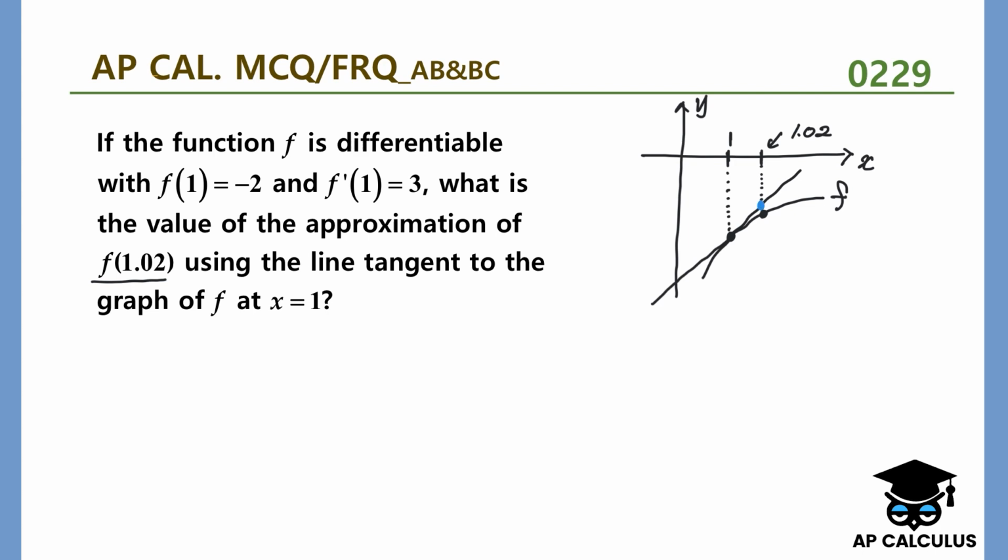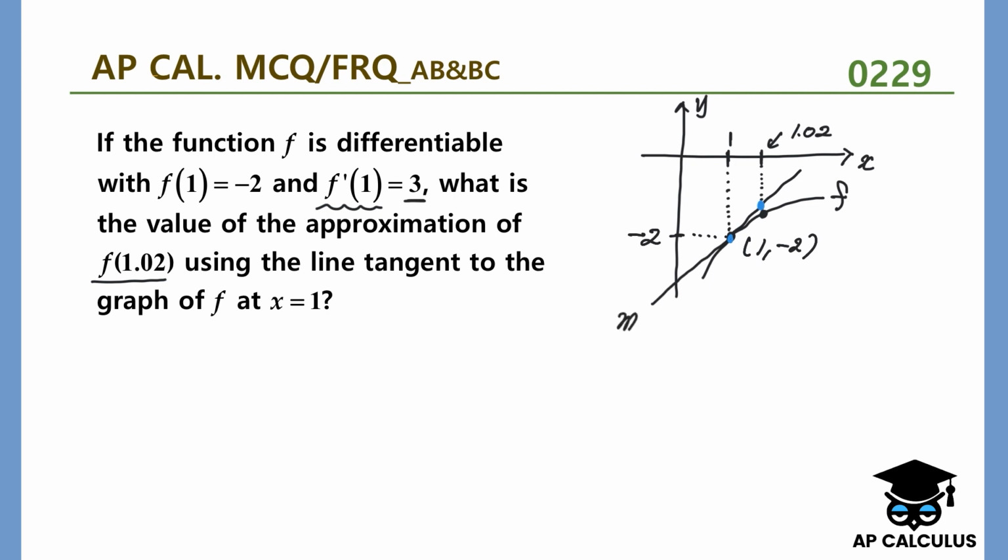Okay, so we're going to have to find the equation of this tangent line first, and the information is all given. When x is 1, y is -2. This means this point right here is 1 comma -2. And what about the slope? Given f prime of 1, that's the slope of the tangent line at x equal 1, that's a 3, right?